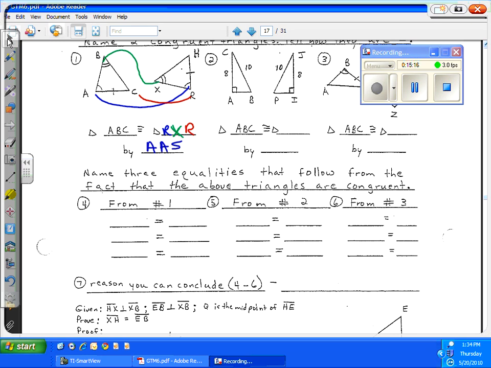I made another mistake. This is R first because A is equal to R. I guess I just as well start over with my color coding.